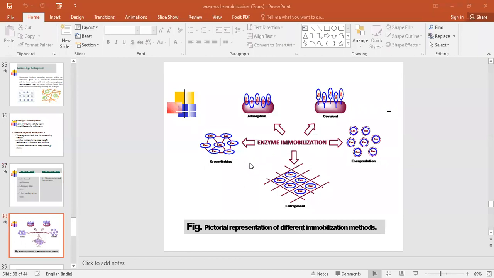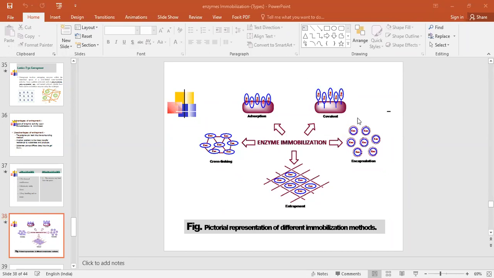Now, okay, so we have covered all the types of immobilization, right? Entrapment method, then cross-linking method, then adsorption method, covalent bonding method, ionic bonding method, and encapsulation method.